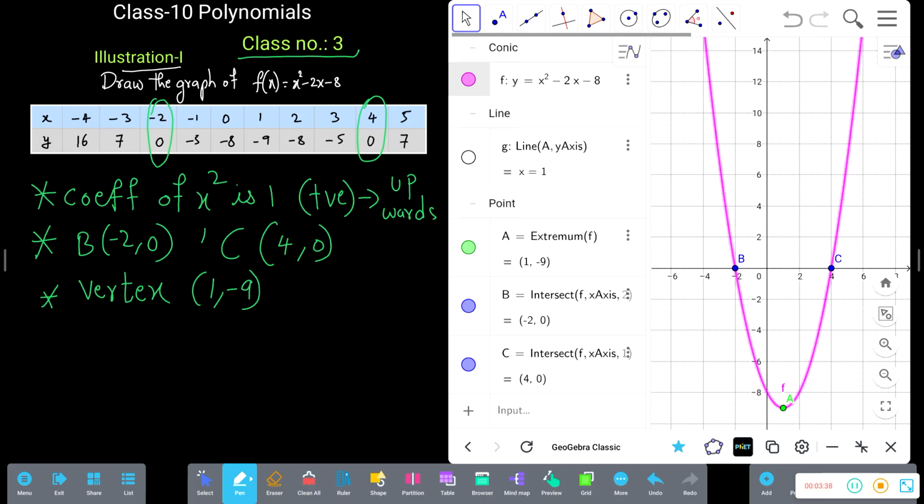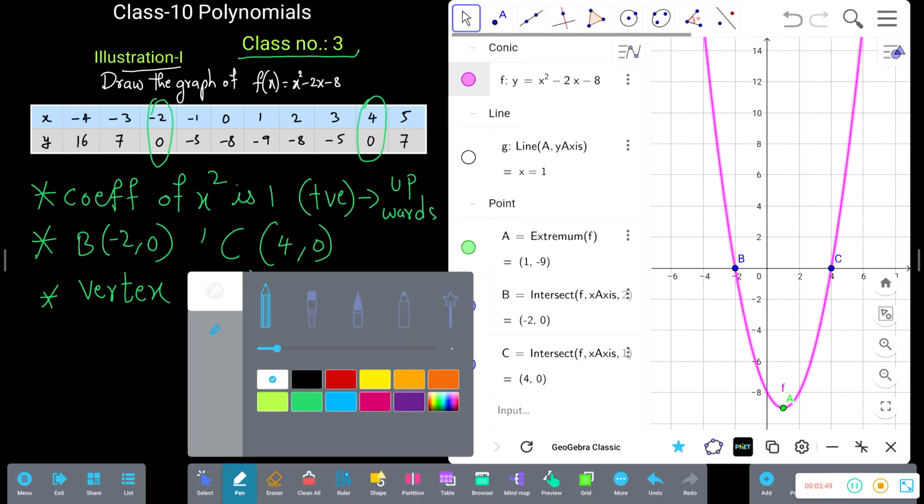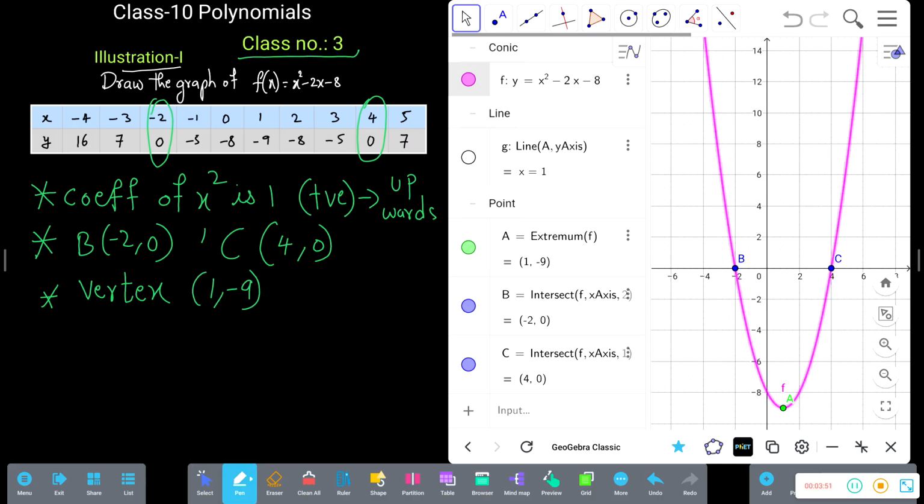So here from the graph we are able to say 1, minus 9. So how to find this vertex? To find the vertex we have a formula. The formula is minus b by 2a and minus d by 4a. This is the formula to find the vertex.